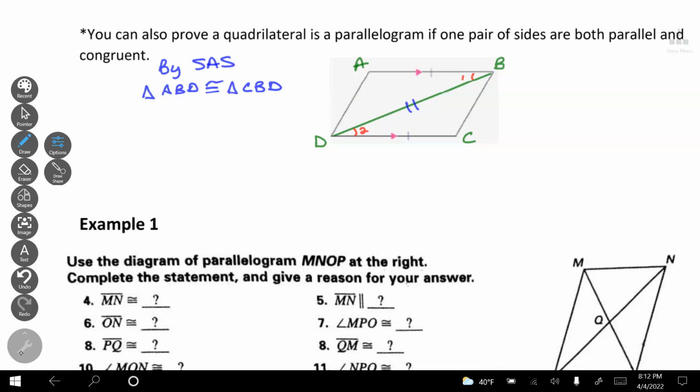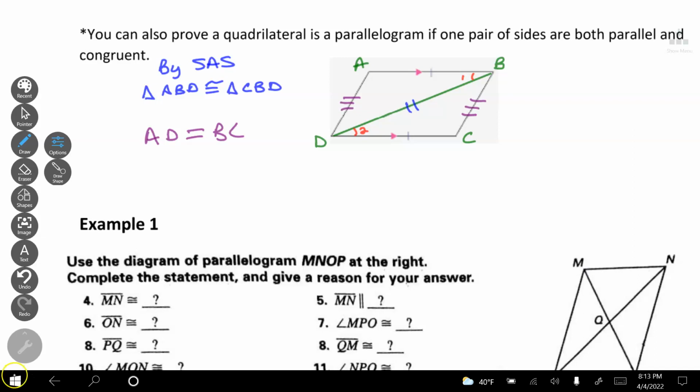Angle 1 is congruent to angle 2 by alternate interior angles. BD is congruent to itself. So by side angle side, triangle ABD is congruent to triangle CDB, which means AD is equal to BC, which means I have both pairs of opposite sides congruent, and there we go.